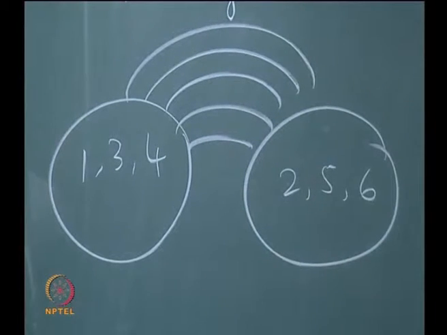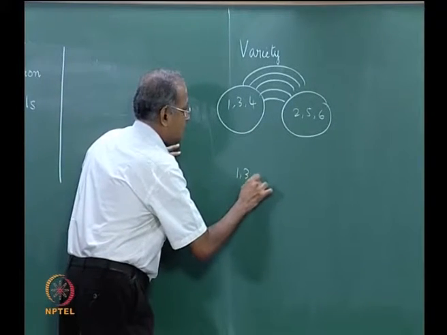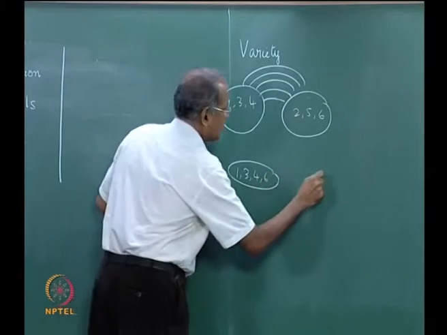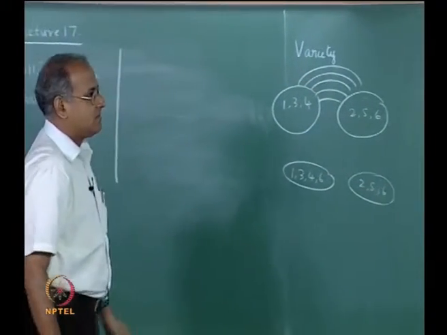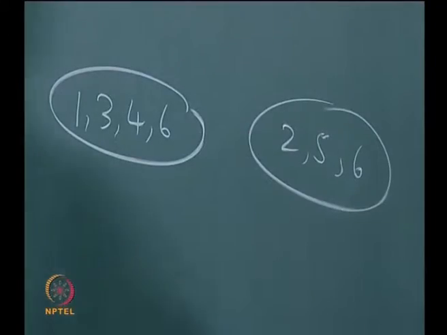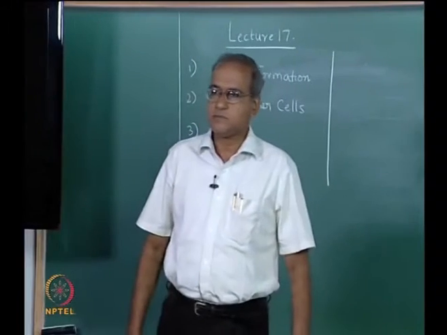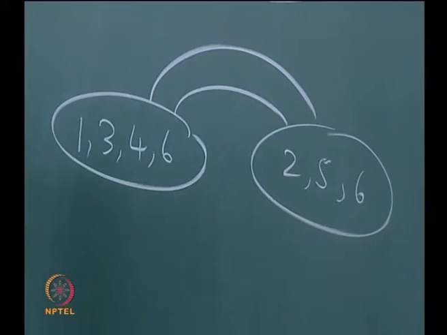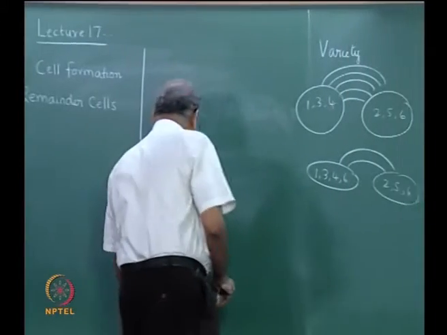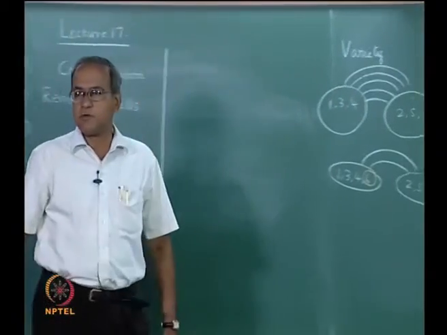If we allow machine duplication, then the solution will be 1, 3, 4 and 6, 2, 5 and 6, and there are 2 moves which are here. Now this is going to be a little costly because this is an extra machine that I have to bring in.